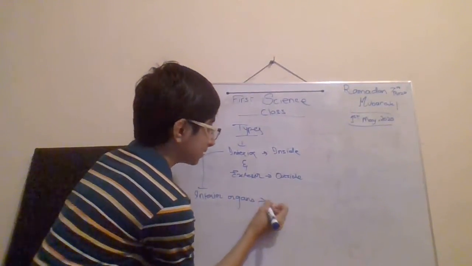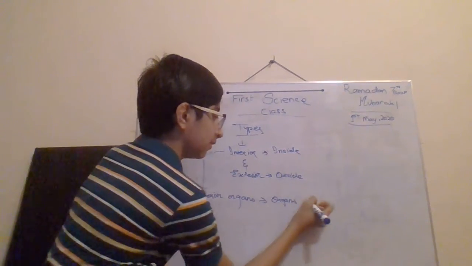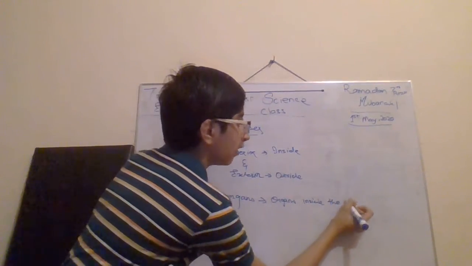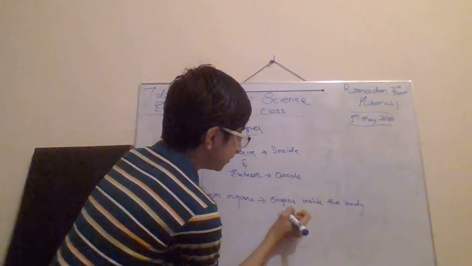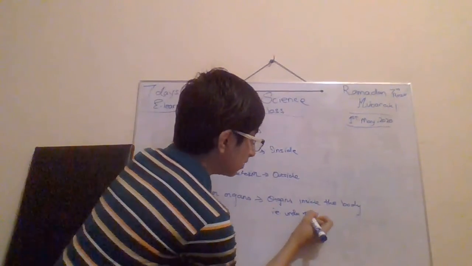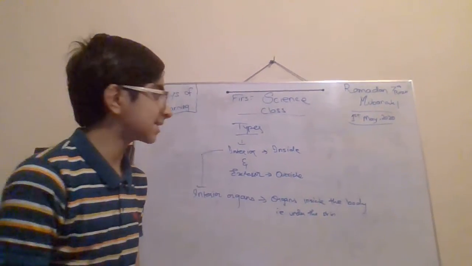Interior organs can be correlated to organs inside the body, which means under the skin. This means all the body parts inside the skin.